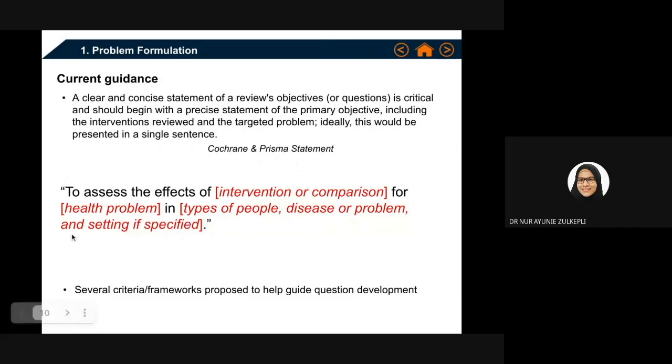So this is just an example for you. You go back and you can copy this one and then apply it to your literature review. You can go to Cochrane or Prisma website, and they will put many types of reference for problem statement sentence there.